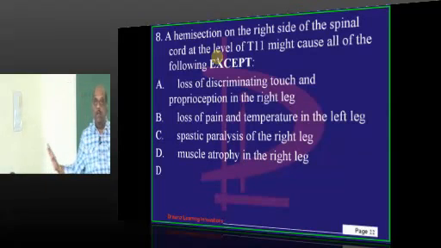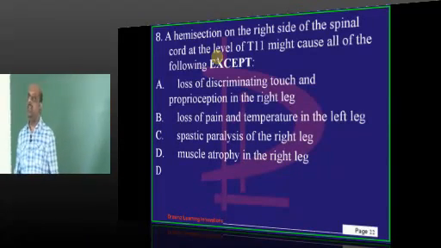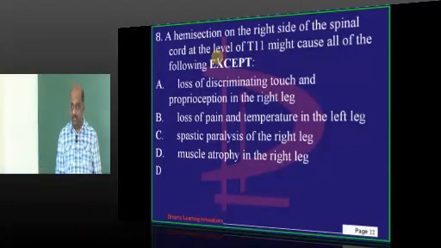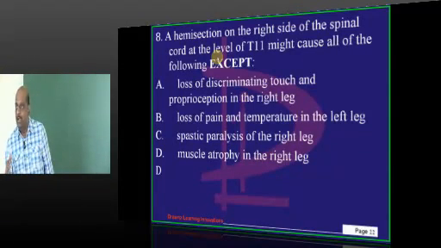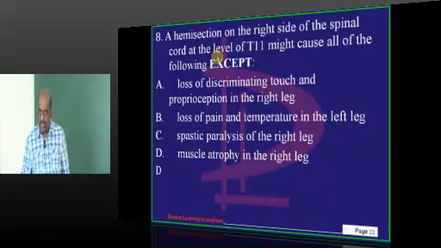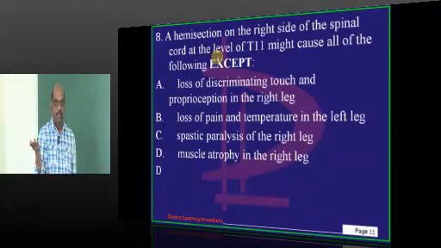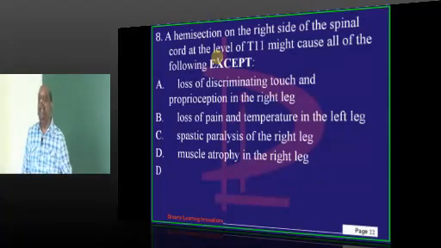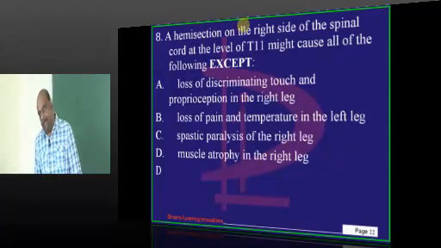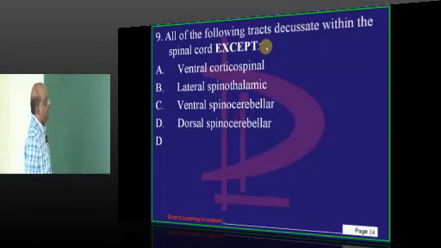So there is an interruption of ipsilateral dorsal columns with loss of ipsilateral touch and proprioception. There are UMN features on the ipsilateral side. At the level of hemisection there will be LMN features. Then contralateral pain and temperature is gone in Brown-Sequard, which needs to be remembered.